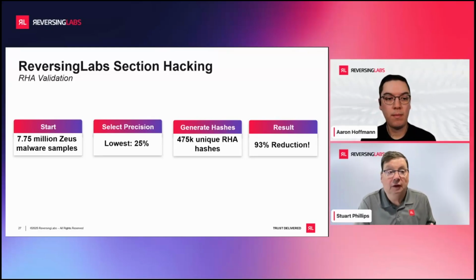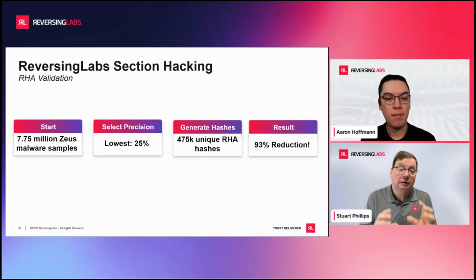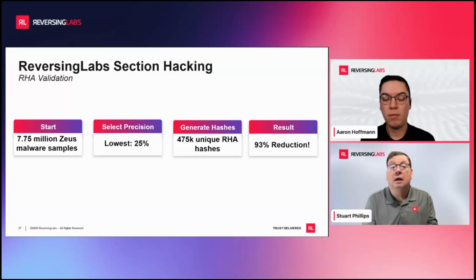Whereas with ReversingLabs' hashing algorithm, we can look at this and say, okay, this part here is encrypted and I don't really know what it is. However, the rest of the file looks exactly like all this other malware that I've been seeing. Therefore, I would be very comfortable thinking that this is a new malware, and I don't know what the payload is.